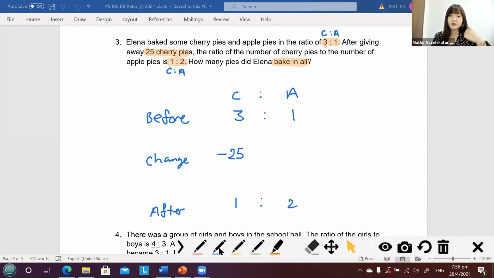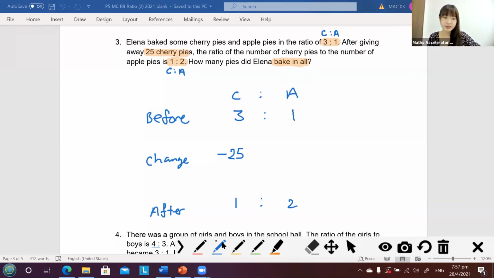Okay, so now can you tell me which is unchanged? Cherry pies or apple pies? You type in the chat. Unchanged means didn't change. Okay, good. Everyone saying apple pies. Oh no, I see a cherry pie.